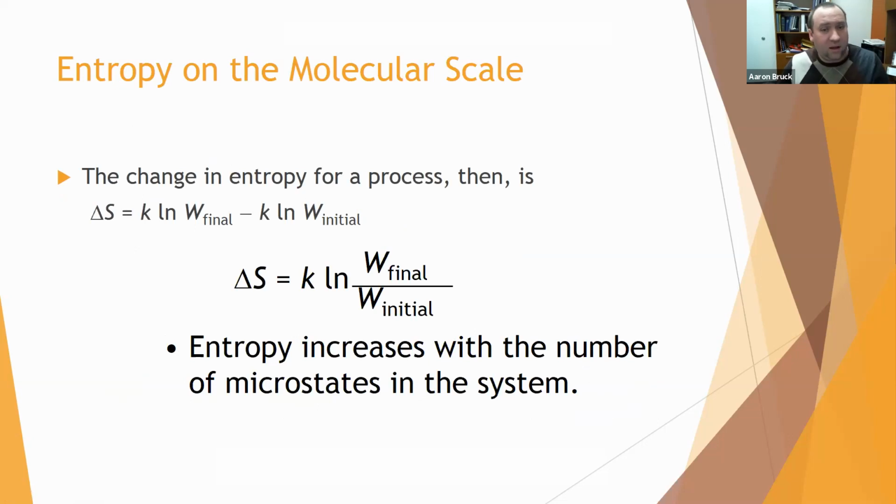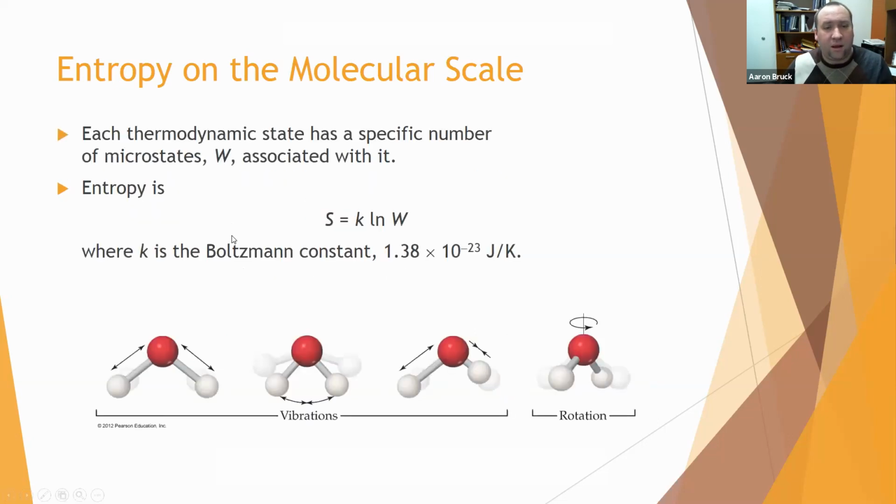So the Boltzmann equation gives us a picture of what the entropy of a particular system is. So I have a set thermodynamic state, and I can measure all the different microstates, all the different orientations that go along with it. And that would give me the entropy of a given system at that particular time.